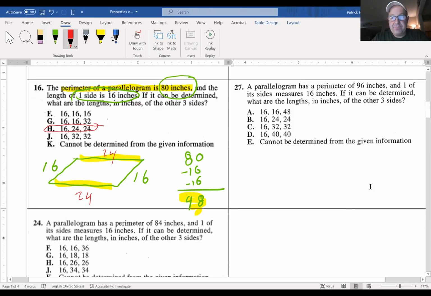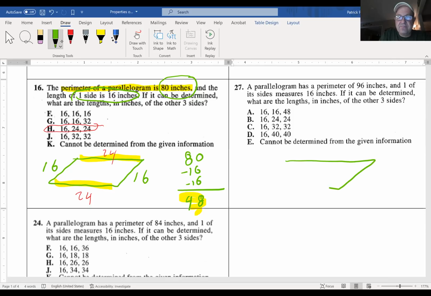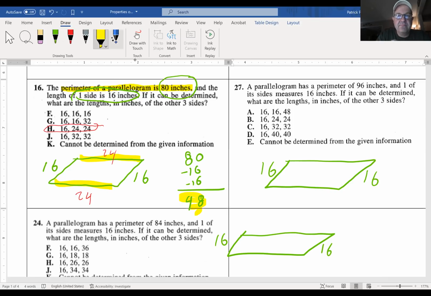I'll give you a minute to do both. Okay, about 20 seconds left here on both of these.